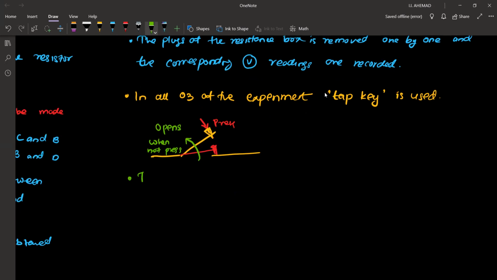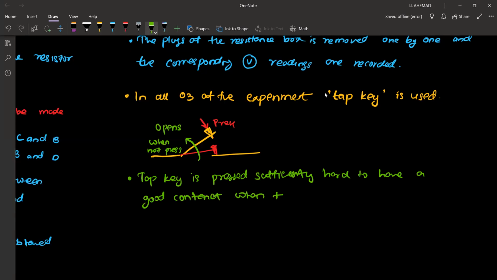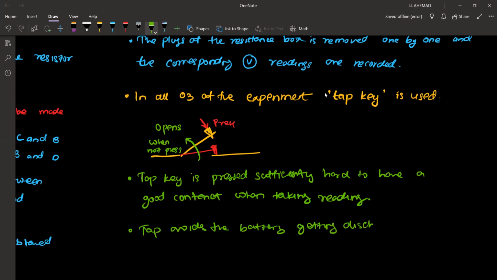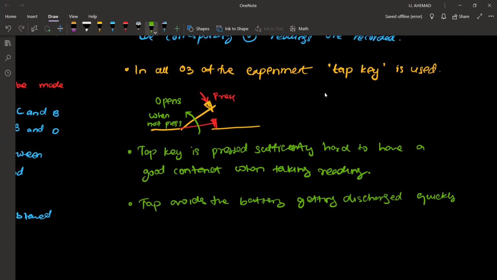The tap key is pressed sufficiently hard to have a good contact when taking a reading. The tap key avoids the battery getting discharged quickly by opening the circuit.